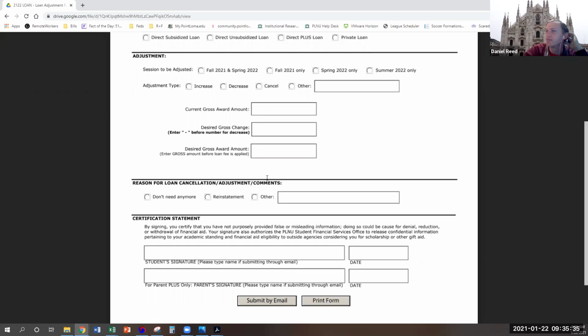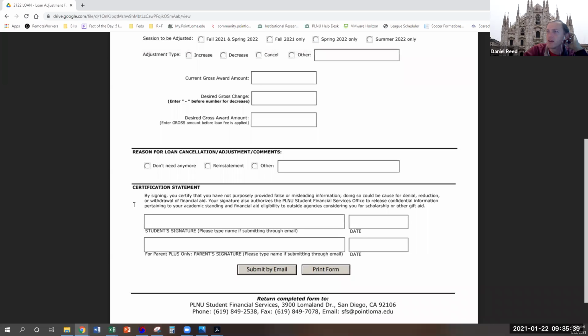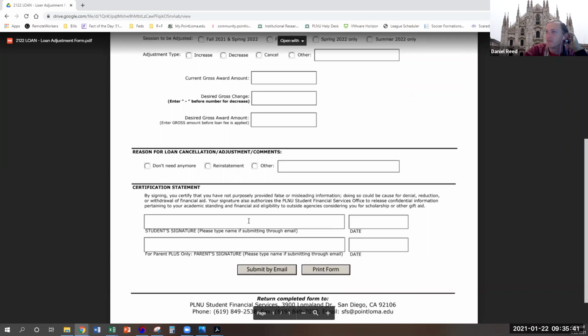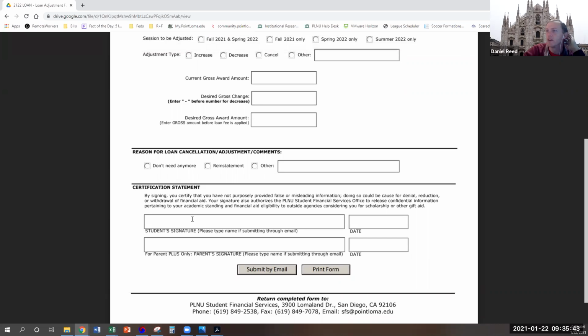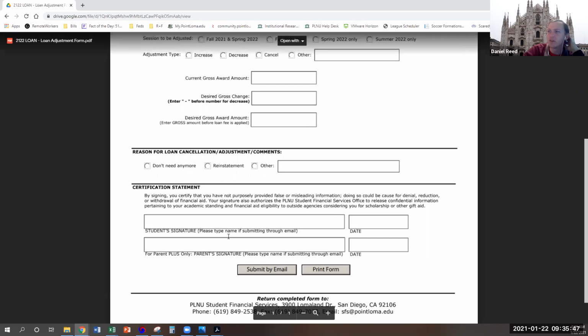Don't need any more restatement, other reason. And signing that. This is one that we do take through email, and it's nicely set up so that a student can type into it. If I were to download this form, it would let me type into there, and then click the little submit by email or print, depending on the student's preference.